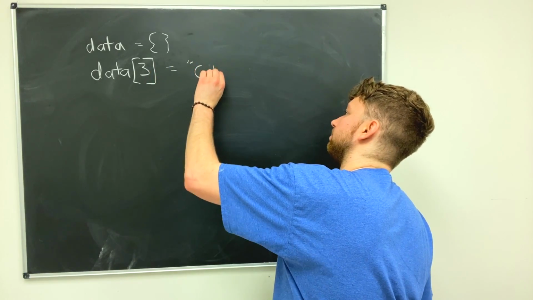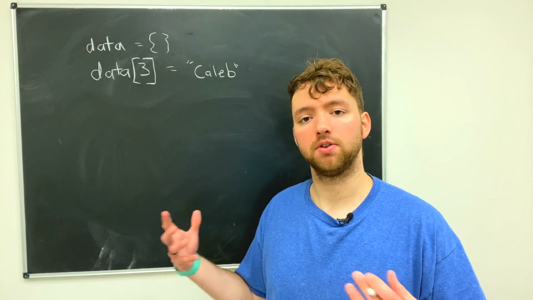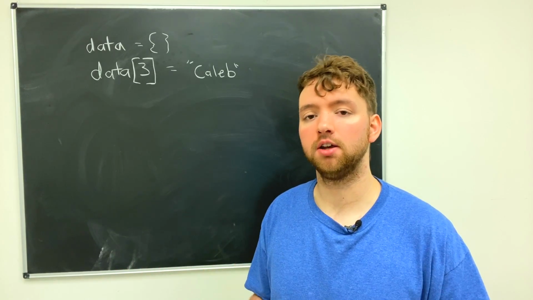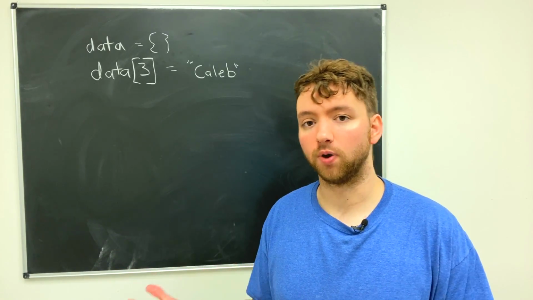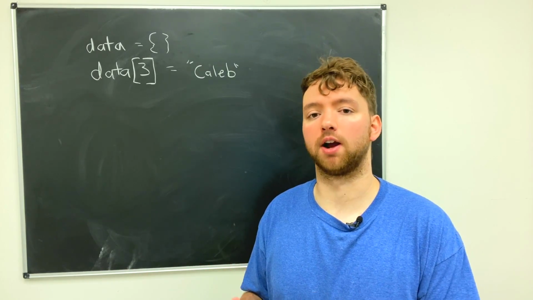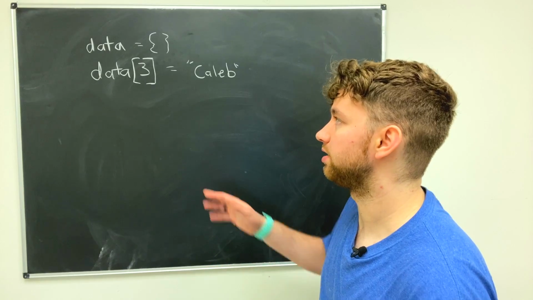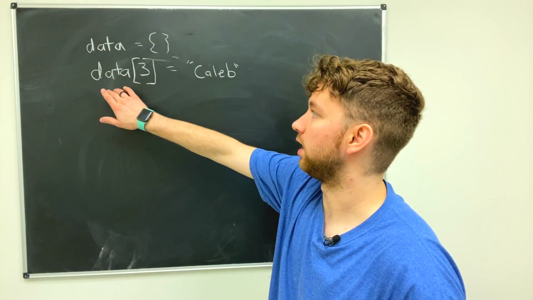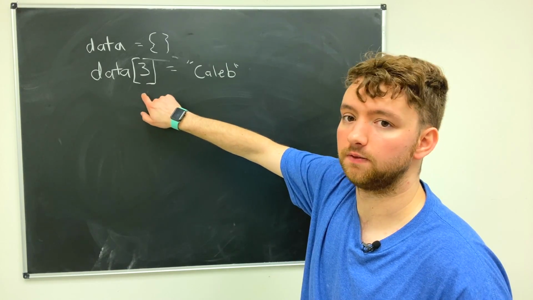So if you're in Python, the hash table data structure is known as a dictionary. You may also hear associative array for various programming languages. So those are both common names to describe hash tables. But in this situation, we are creating an empty hash table and we add one element with the key of 3.